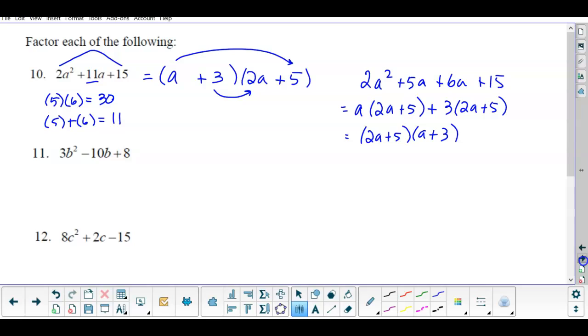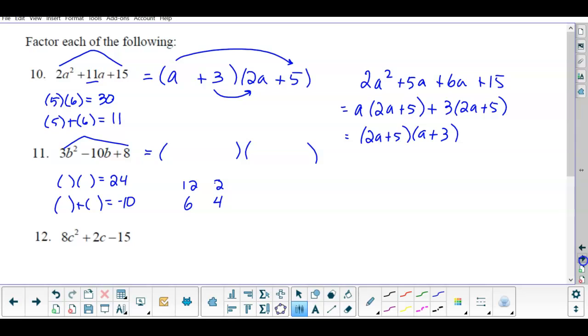So next one, 3 doesn't go into all of them, so it's a non-simple trinomial. I want two numbers that multiply to 3 times 8, which is 24, and add to negative 10. Okay. So think about it. Could be some version of 12 and 2 or 6 and 4.